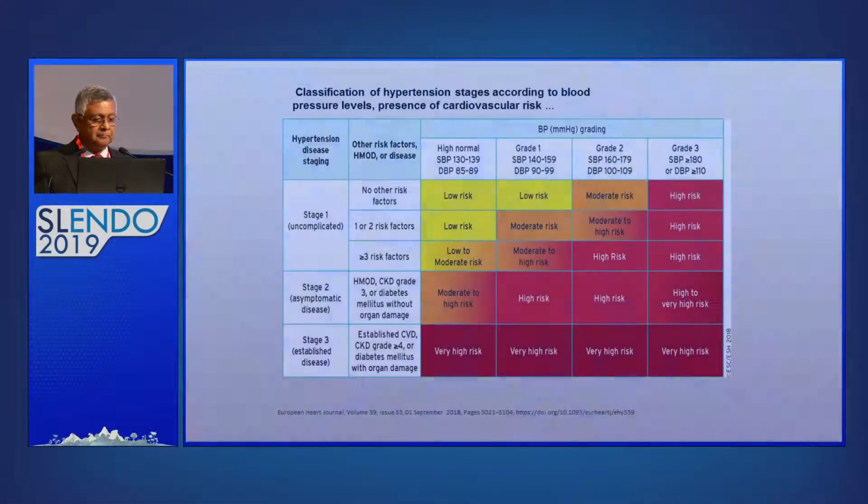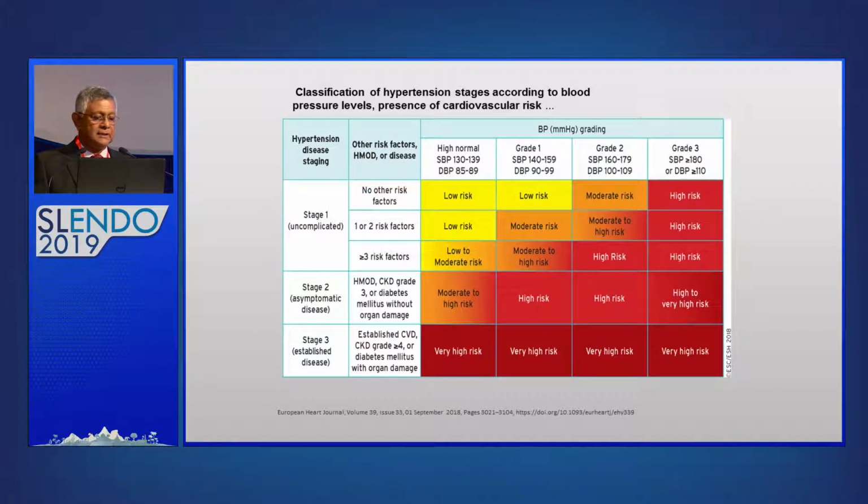You can see the classification and definitions of hypertension. I think it's familiar to you all: optimal, normal, high normal, grade 1, grade 2, grade 3 hypertension. This chart shows that even with high normal blood pressure, a diabetes mellitus patient without any organ damage falls into a moderate to high risk category. If they have organ damage, they fall into a very high risk category even with high normal blood pressure.